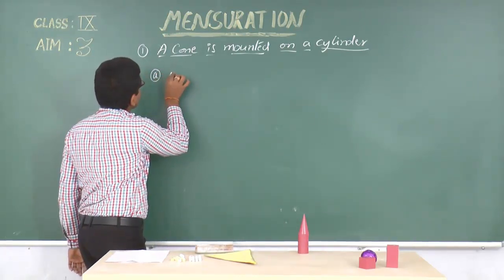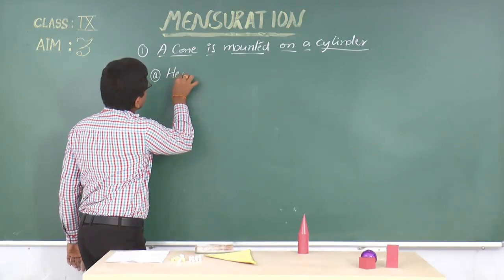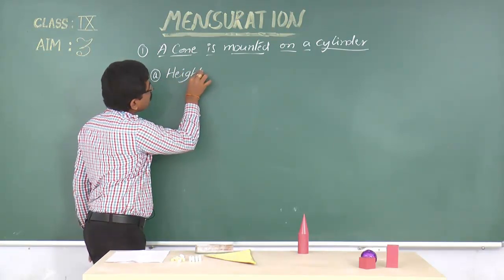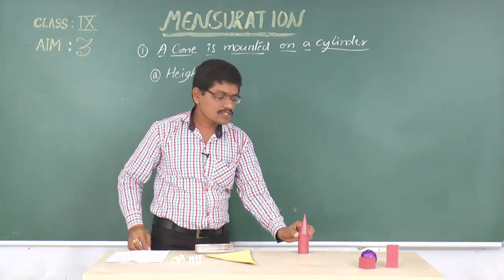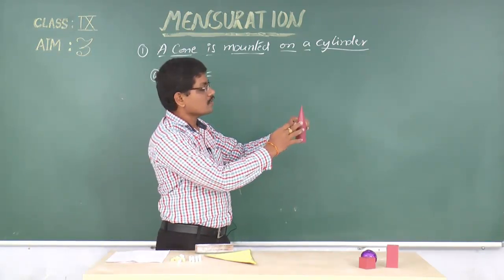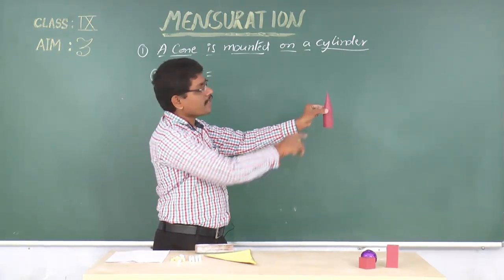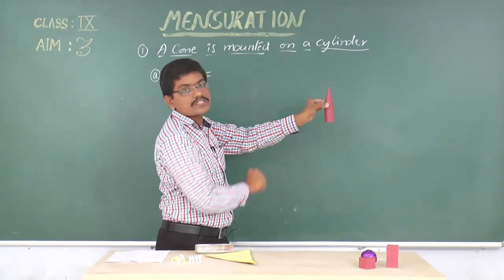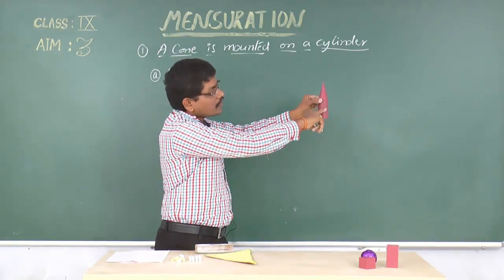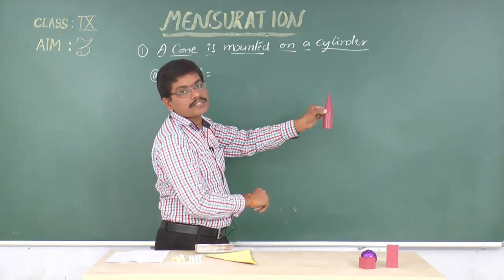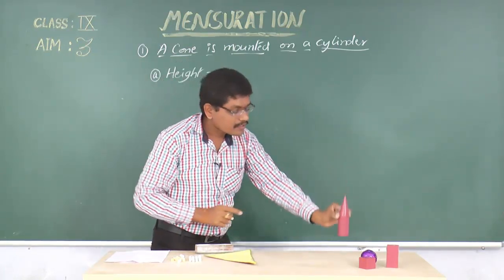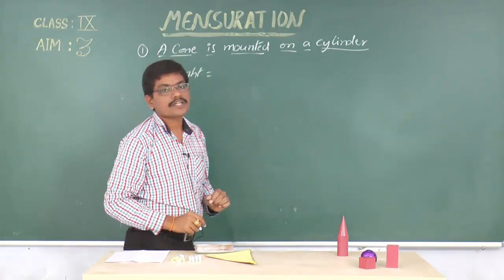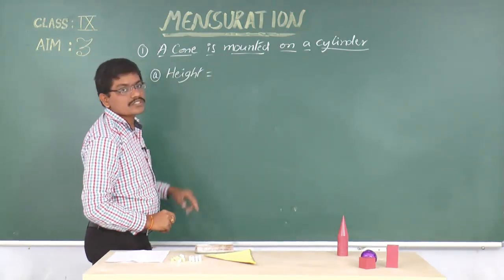First one is height. How to find the height of this solid? So here for this solid, height is height of cylindrical part and height of conical part. Both cylinder, cone, if we add, then we will get the height of such solid.